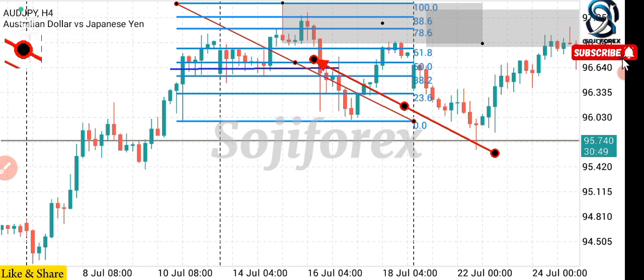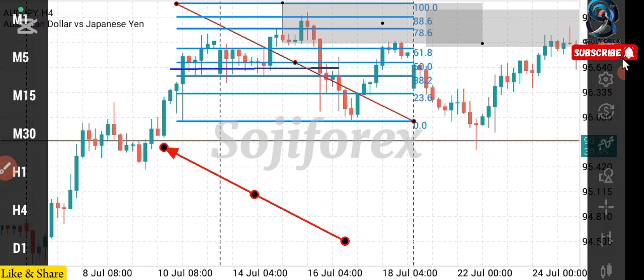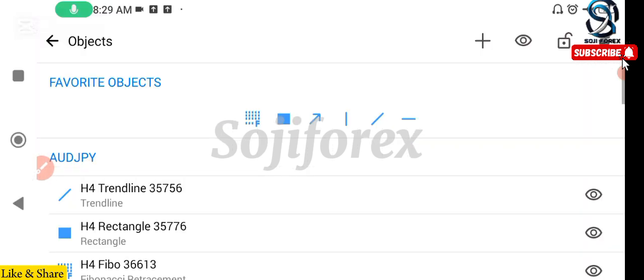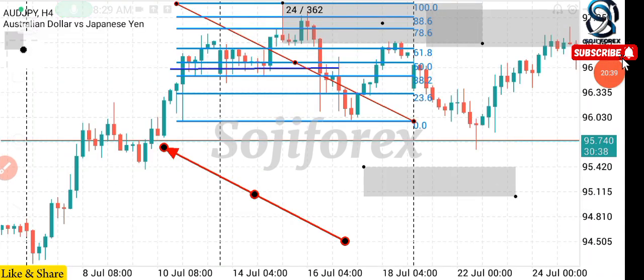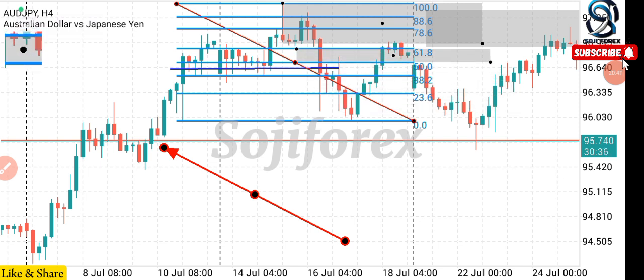No. Yeah, there is something tiny. There is a little imbalance in that zone. So I'm going to mark that imbalance, though it is very tiny. So yes, that is the imbalance.